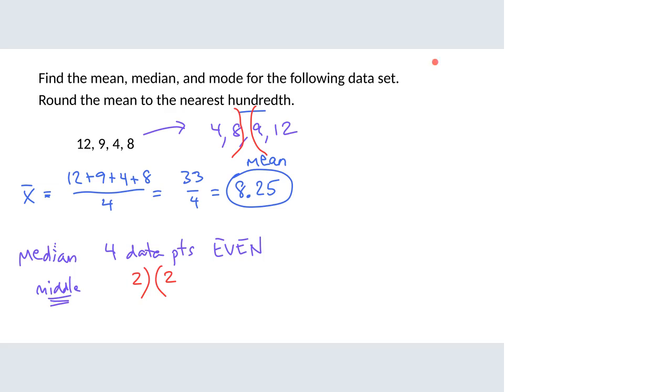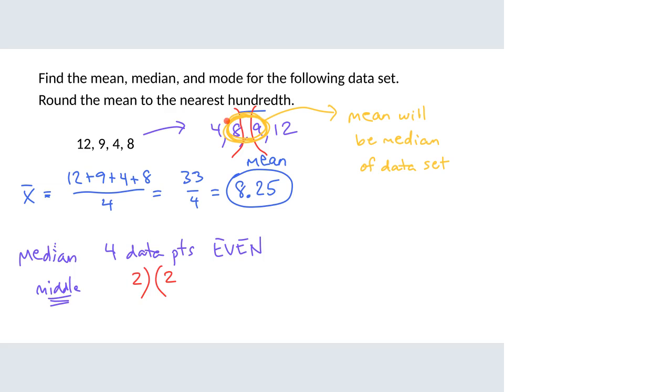So what I'm going to do next is find the 2 numbers that are closest to the middle, and find the mean of those 2 numbers, and that will be the median of the data set. Essentially, what we're finding is what's halfway between these, that's going to be the middle of the data set, and that's going to be the median of the data set.